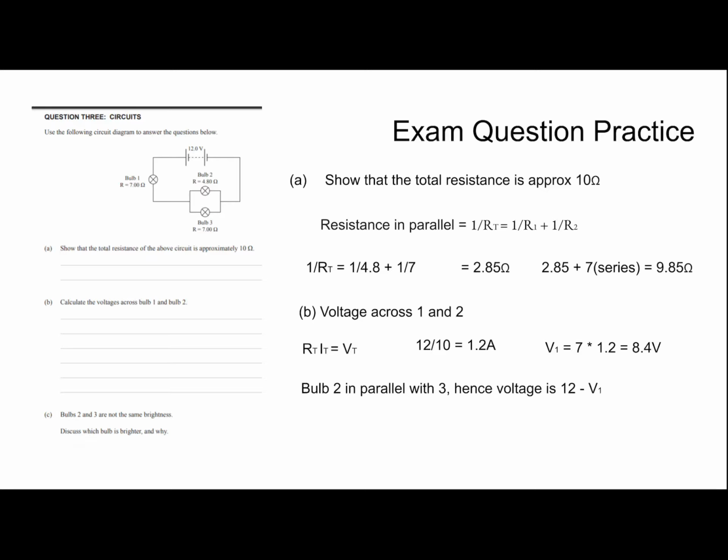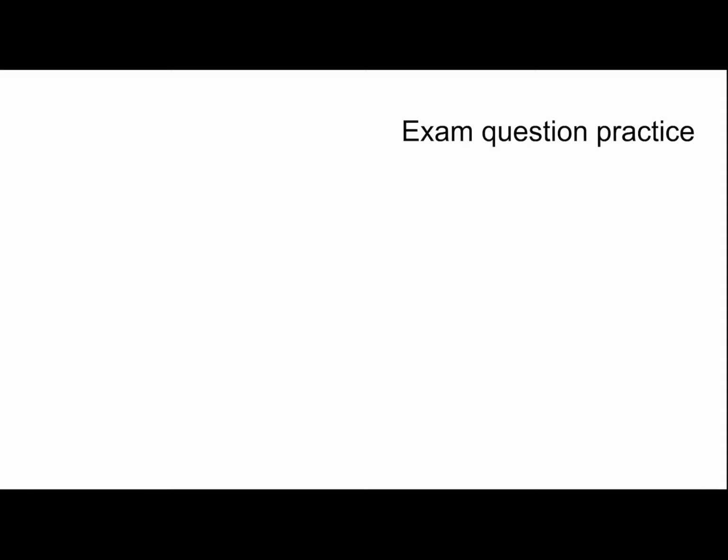Bulb 2 is in parallel with bulb 3, so the voltage is the total voltage minus the voltage used in the series circuit. 12 minus 8.4 equals 3.6 volts, and because they're in parallel, each bulb will receive 3.6 volts.